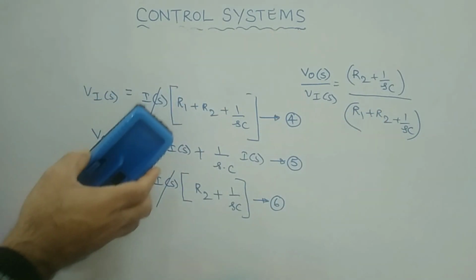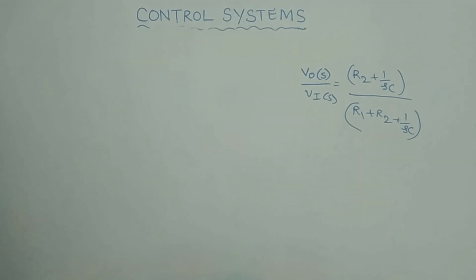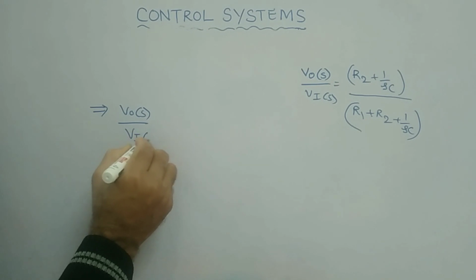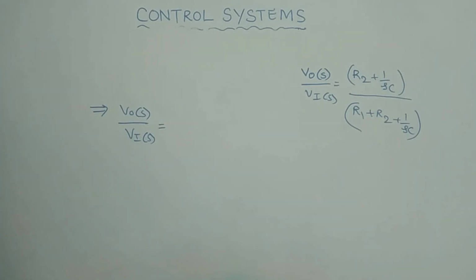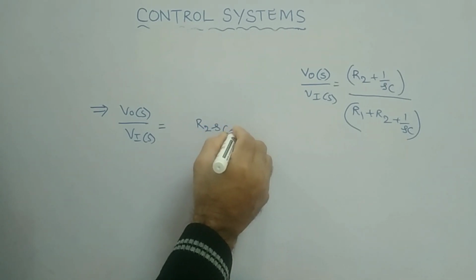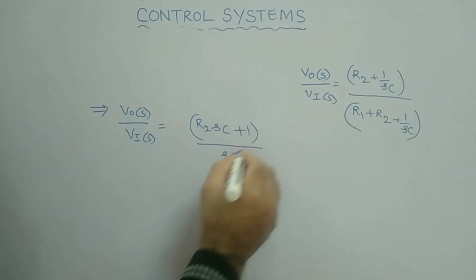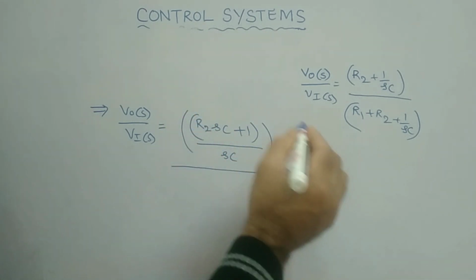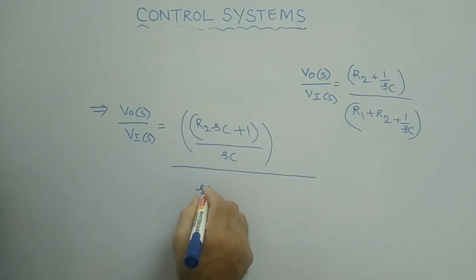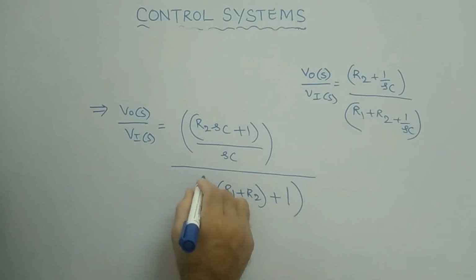And further, this can also be simplified like this. From there, V naught of s by Vi of s is equal to, you can simply take the LCM there, then it becomes R2 into S into C plus 1 by SC, divided by, again taking this, SC into R1 plus R2 plus 1 by SC.